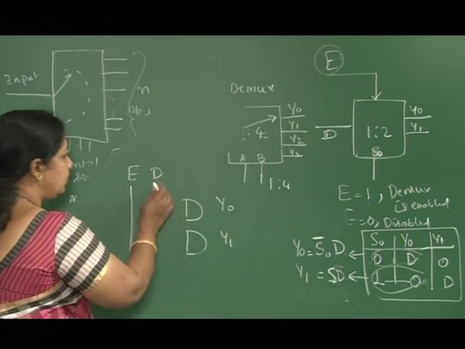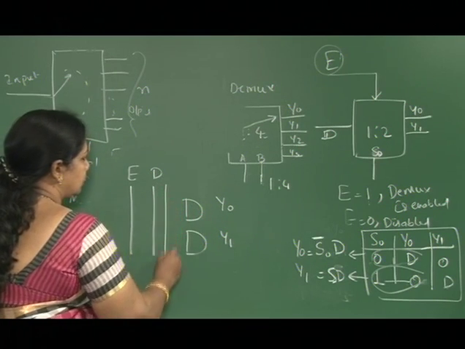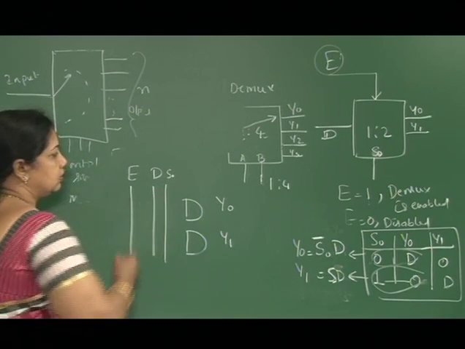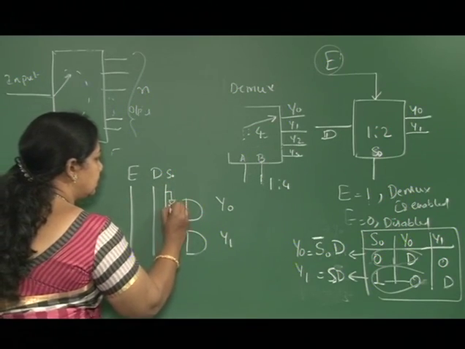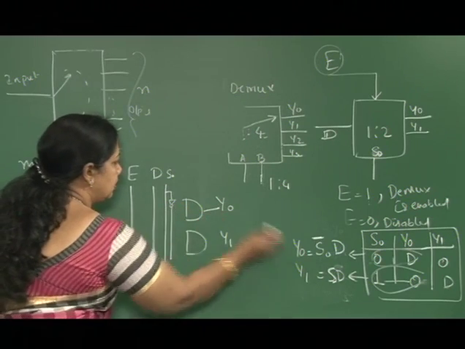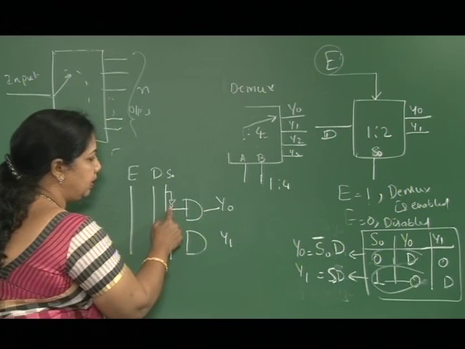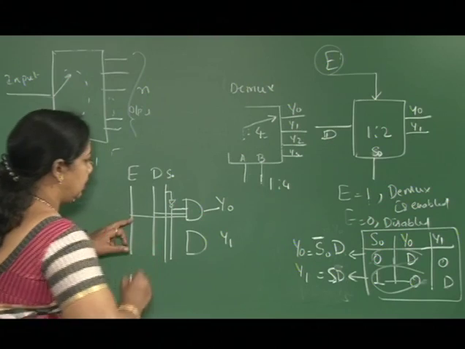Now I am going to write here S0 as a control signal, with an S0 inverter over here. So here Y0 is S0 complement and D, and of course the enable pin is connected.